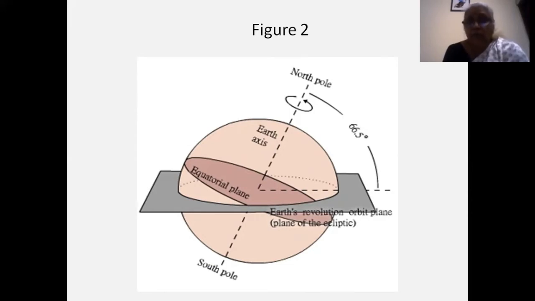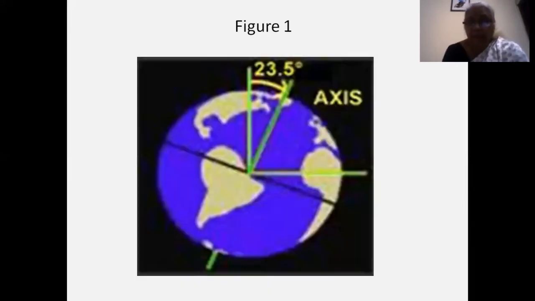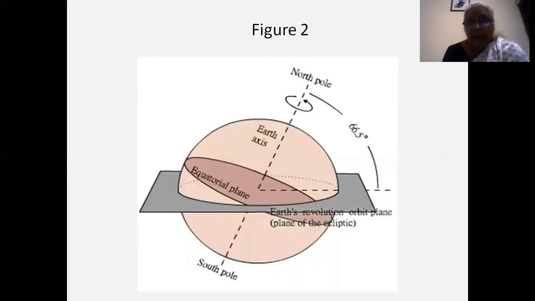These two numbers should actually be familiar to you, because 23.5 degrees is the number we give to the Tropics of Cancer and Capricorn, and 66.5 degrees is the number we give to the Arctic Circle and the Antarctic Circle.